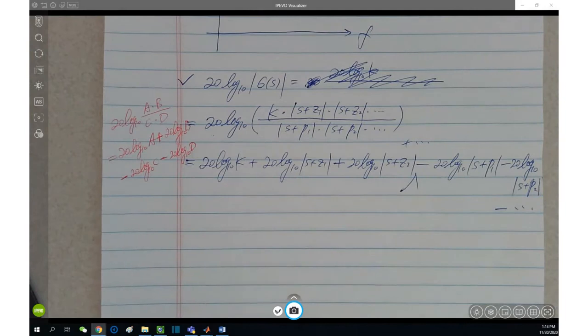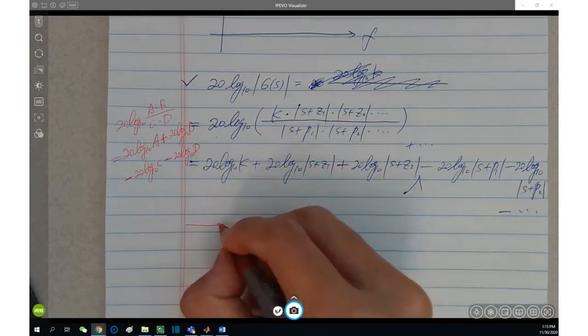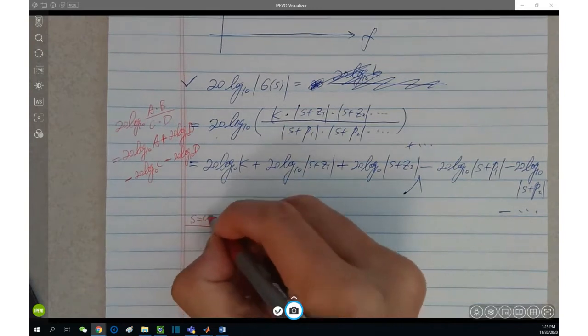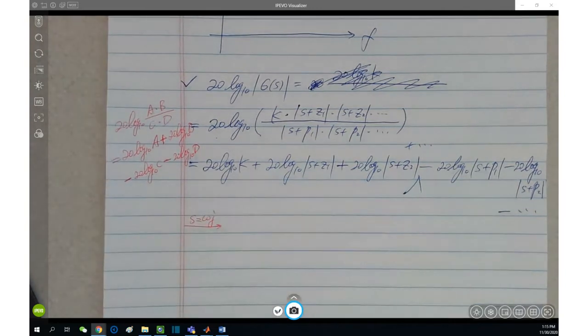And here, s is a frequency dependent value. It's omega j. s is equal to omega j, and we substitute into this result.